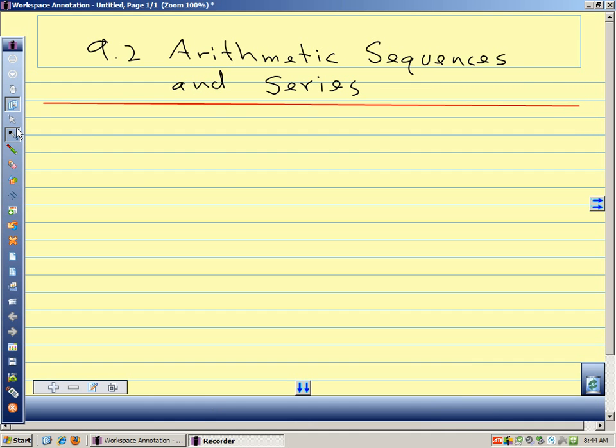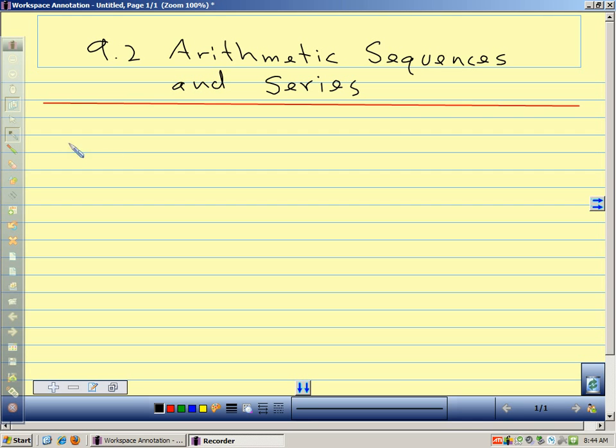We've talked already about what a sequence is, and when we add the terms of the sequence together, we get a series, and we've practiced a little bit with coming up with the pattern and figuring out how our sequences and series work. An arithmetic sequence is a special kind because it has a nice pattern that makes them easy to work with.